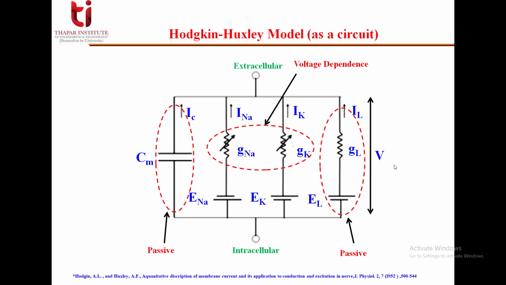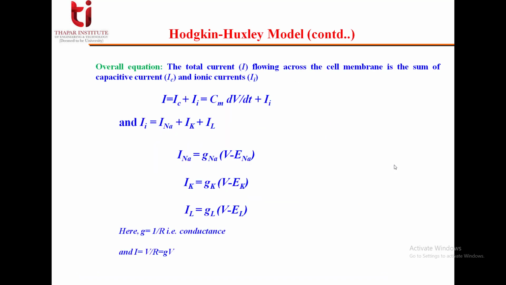Here we have used G, that is nothing but the reciprocal of R, we can say conductance, just to simplify the equations, as you will see in the coming slides. Now from the circuit, again we can get the overall equation: the total current flowing across the cell membrane is the sum of the capacitive current and the ionic current.